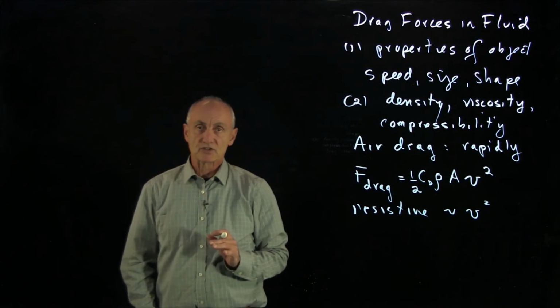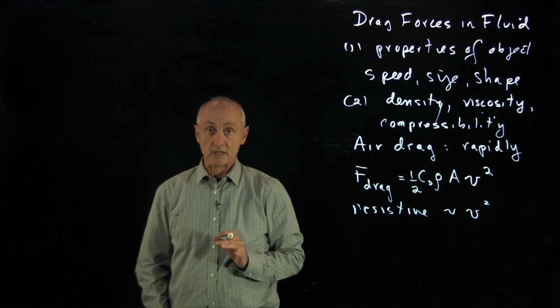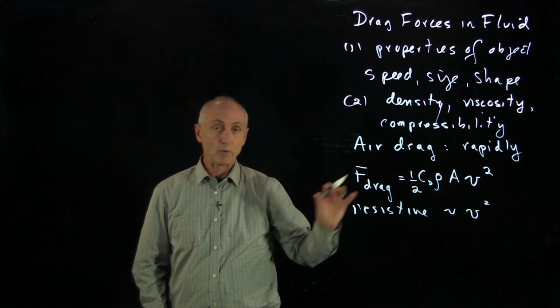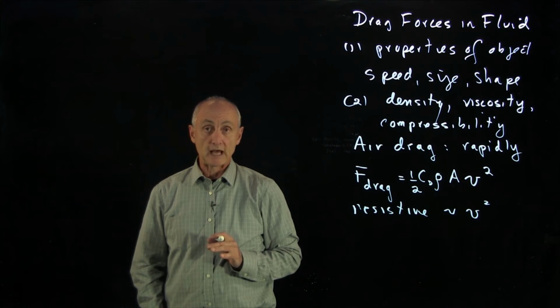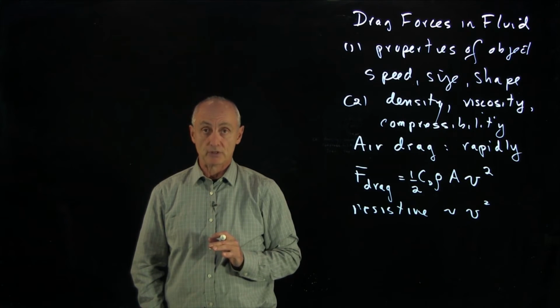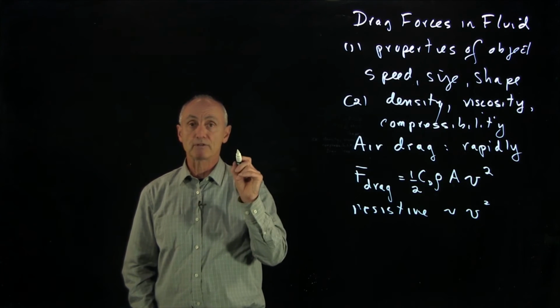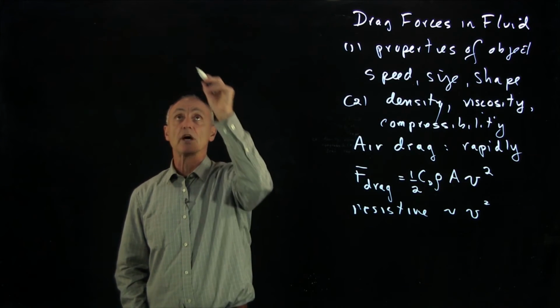When we drop objects in a fluid at very slow speeds, we have a different effect than what we talked about with air drag. For example, if we drop a marble in molasses and drop the same marble in water, we see a very different motion. And that depends on a property of the fluid, which we'll refer to as viscosity.